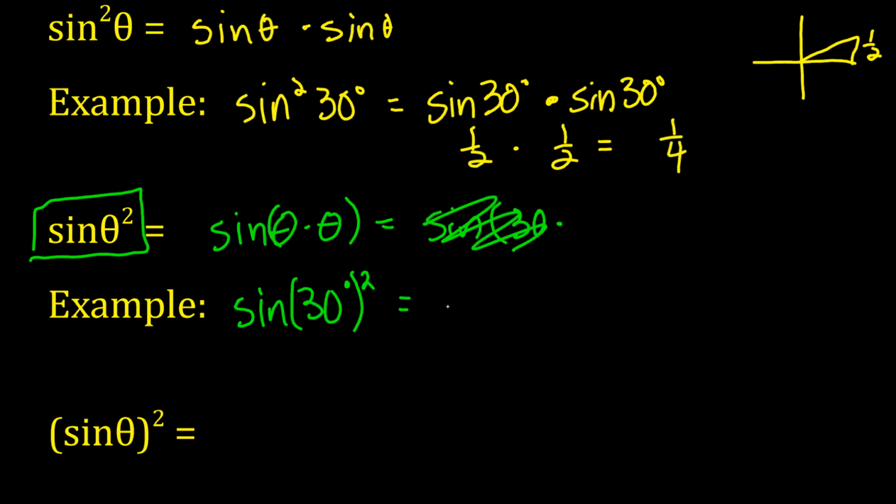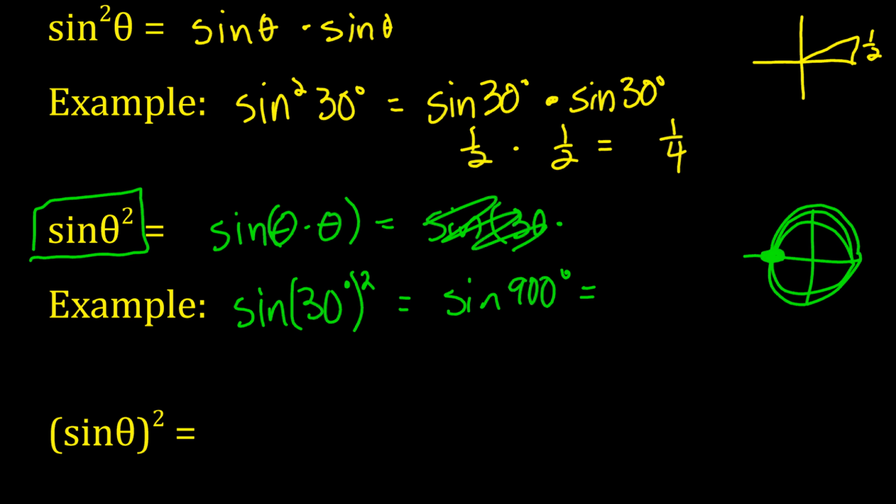And so this would be sine of 900 degrees. If we went around the circle once, that's 360. Twice would be 720. So 900 is the same coterminal angle as 180, and the sine there is 0. So these are two completely different answers. Sine squared of 30 is a fourth, and sine of 30 squared is 0.